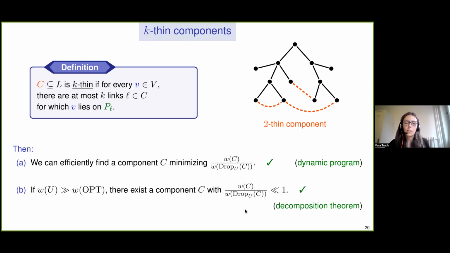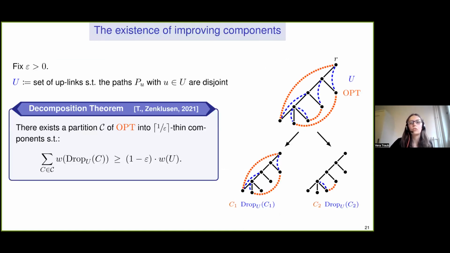The interesting part of the analysis is actually to show the second property B. So to show that there always exists a good component that we can use to make progress whenever we need it. And in order to show this, we show a certain decomposition theorem.